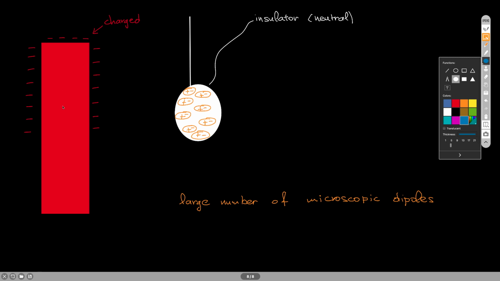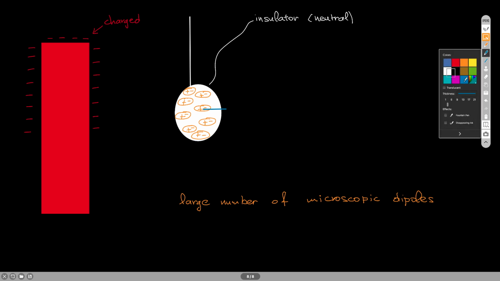I know that the excess electrons on the charged rod will repel this tiny dipole. And this will be the force from the charged rod on the negative side of the dipole.